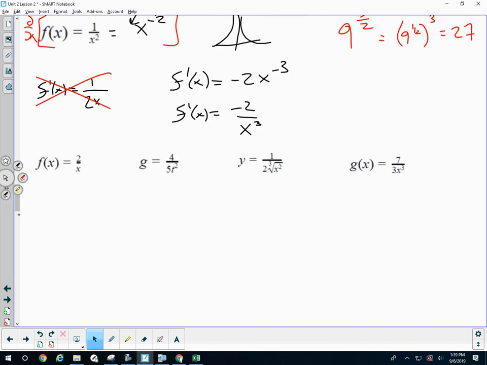Okay. Let's start with these two. Let's rewrite them and then find their tangent slope generators.